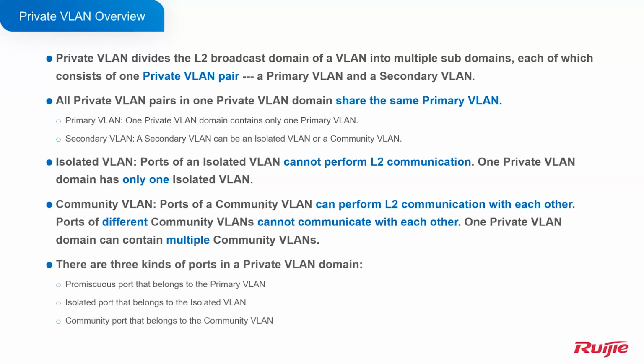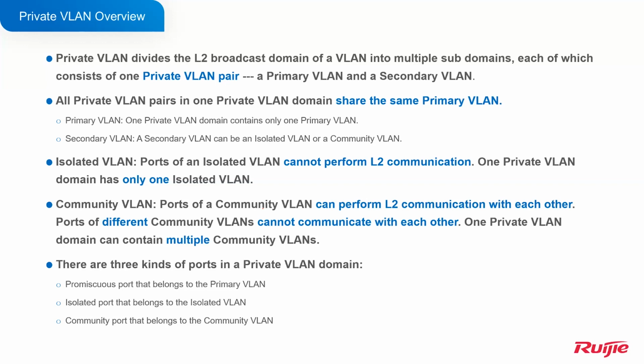Next, there are three kinds of ports in a private VLAN domain. The first is the promiscuous port that belongs to the primary VLAN, and isolated ports that belong to the isolated VLAN. Community ports belong to the community VLAN. Right, it's quite easy to understand.